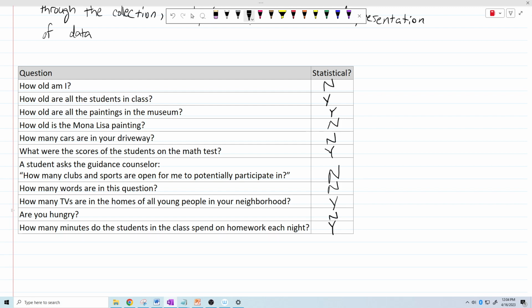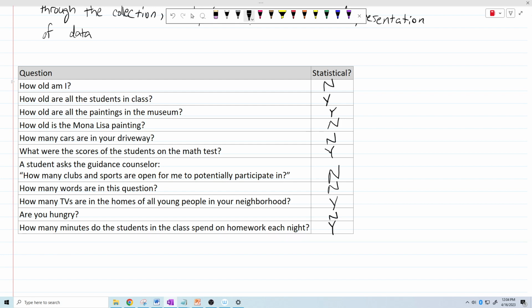You need to understand the difference between statistical questions and non-statistical questions because as you proceed in this class and even in higher level math classes, you will need to collect data, build visualizations, and interpret data. You can tell right away whether you're able to do so based on the question.